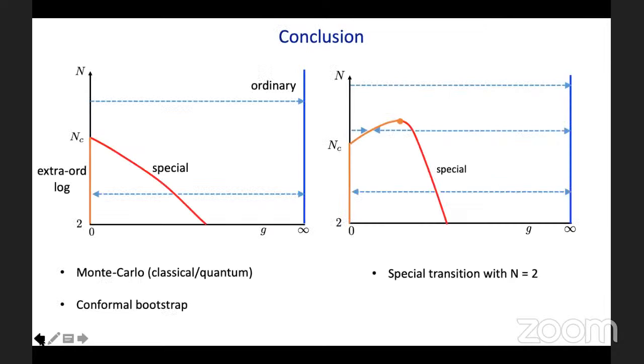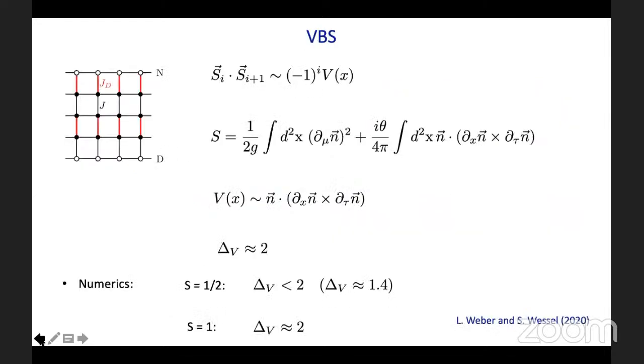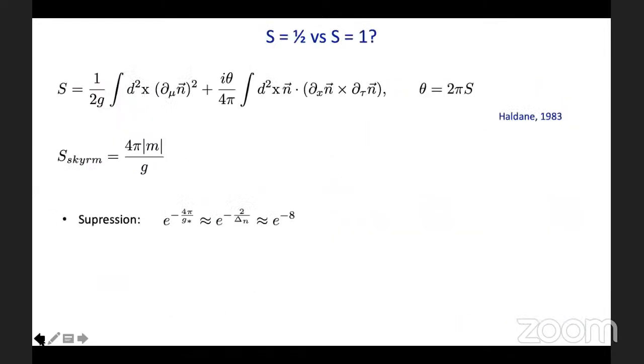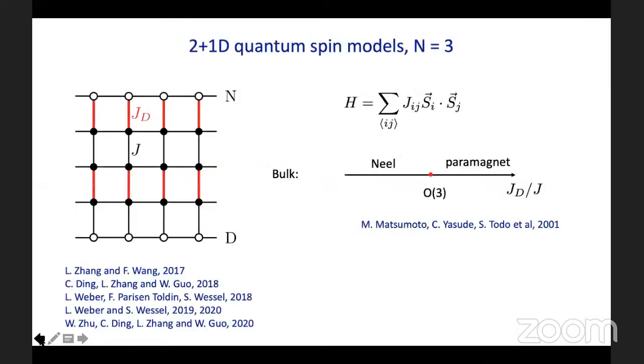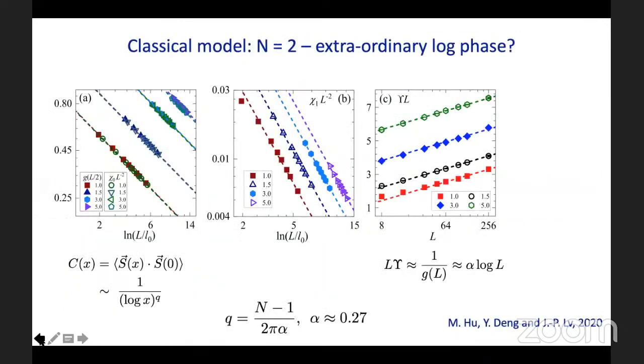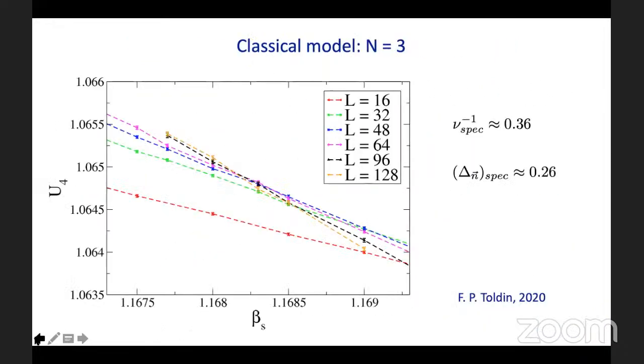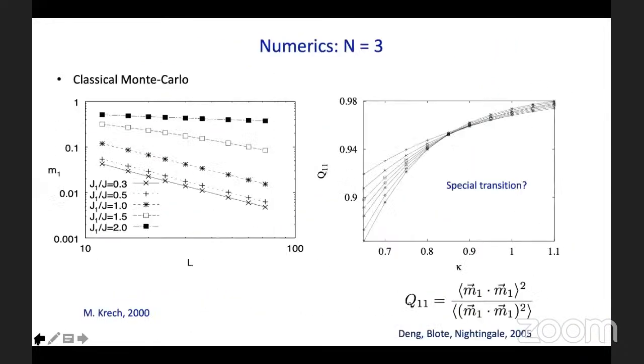You look at basically the two-dimensional correlation function S of x, S of 0, and you say that at n equals 2 it's 1 over log, basically a critical point, and it goes to a power law at large distances if you are above the line, when there is no order parameter.